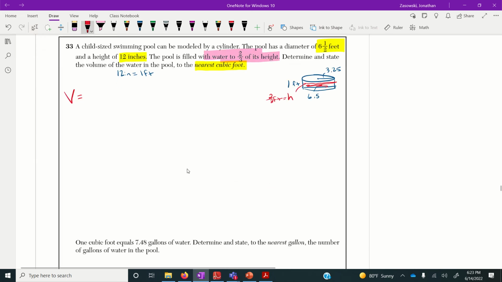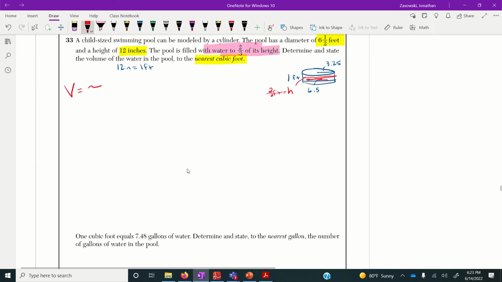So pi r squared h, and then we're plugging in. So pi, the radius is 3.25 squared, and then the height we talked about being 2/3.